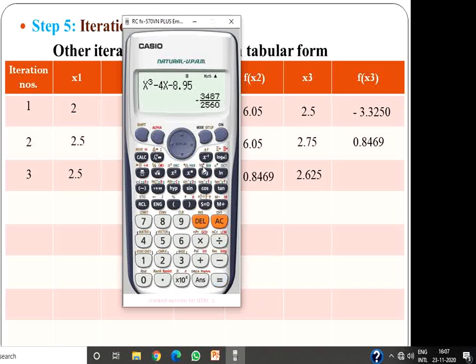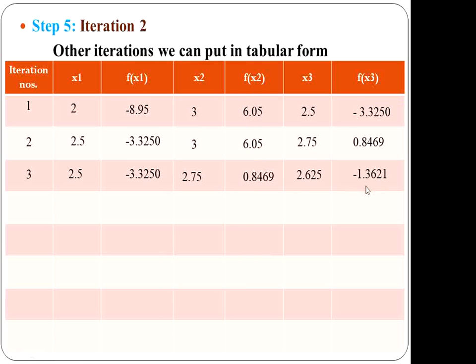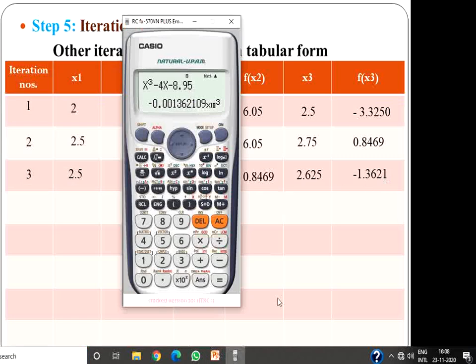The function value is minus 0.0013, okay, that is minus 1.3621 you will get as the value. Again I will check it on the calculator. It is 10 raised to 3. It means we will get minus 1.362.